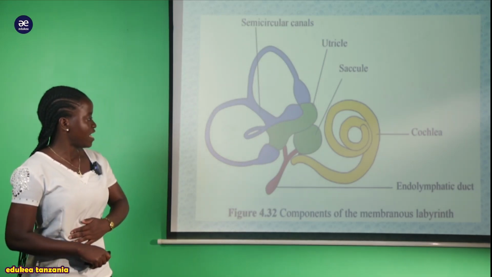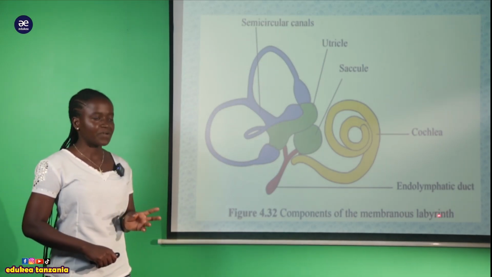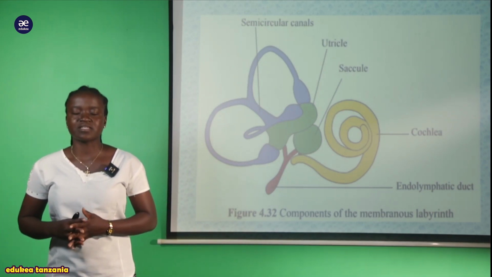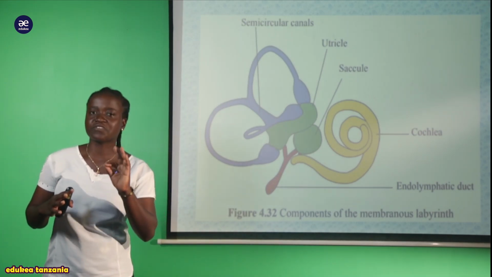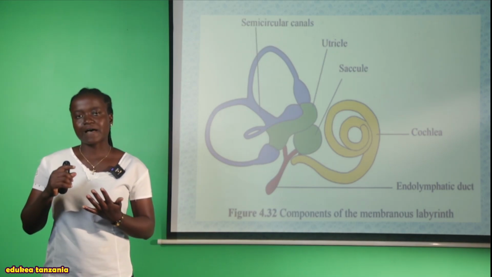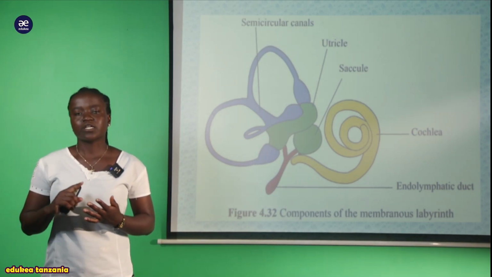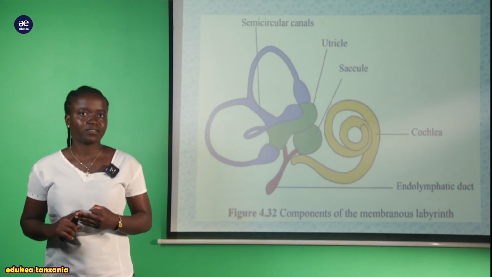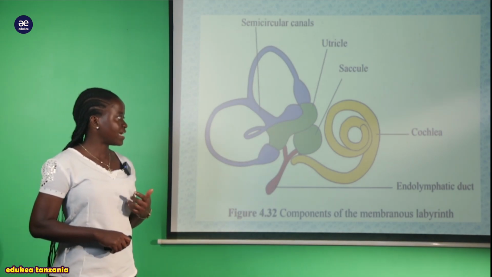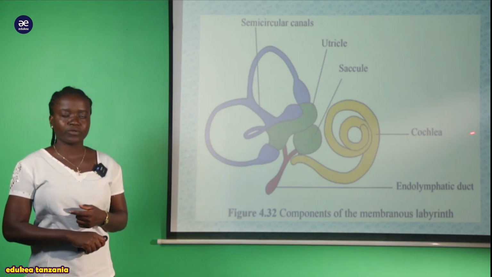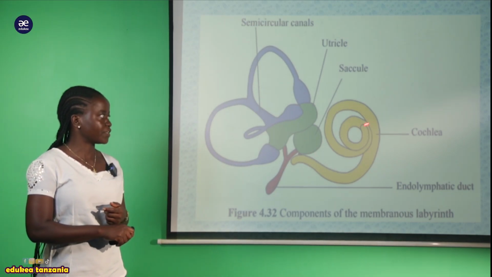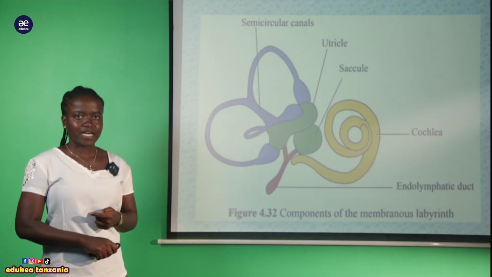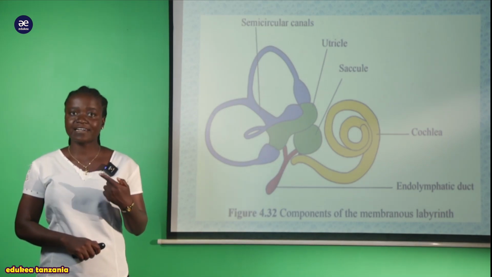As you can see here, these are the components of the membranous labyrinth. Remember, when we are talking about the membranous labyrinth, it includes almost three parts. That is the cochlear duct, the vestibule, together with the three semicircular canals. And when we say that the cochlear duct is comprised of the cochlea, you can see here it is the folded part of the ear. It is called the cochlea, that is comprised of the cochlear duct.